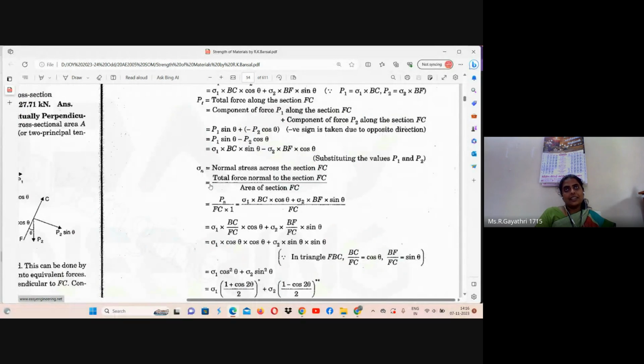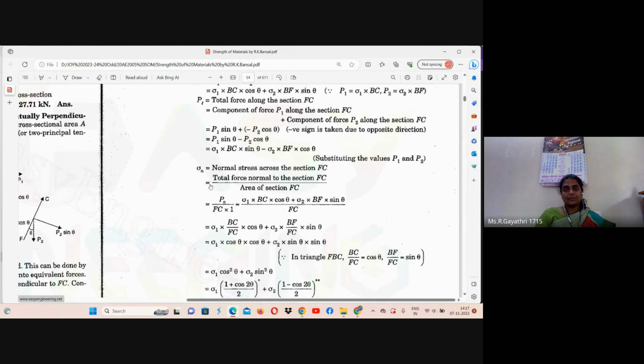Here we can see sigma 1, sigma 2, its corresponding force components are P1 and P2 respectively. These P1 and P2 forces can be resolved into two with respect to plane FC. One is parallel to plane FC, another one is perpendicular to plane FC.